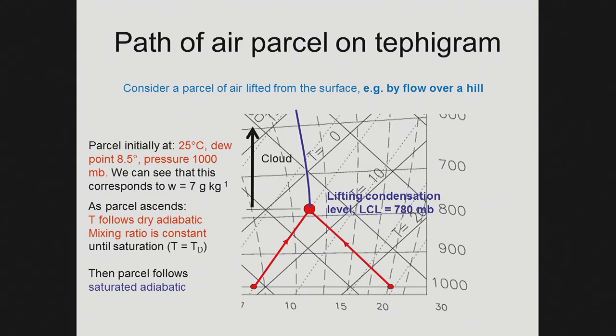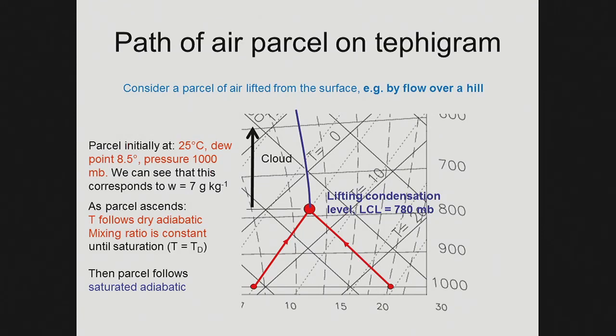One of them changes according to the dry adiabatic lapse rate. We know that. There's the dry adiabatic lapse rate. It is the line of constant potential temperature along here. What happens to the dew point? Well, the dew point changes with height.